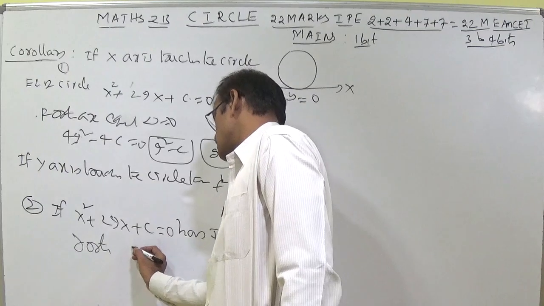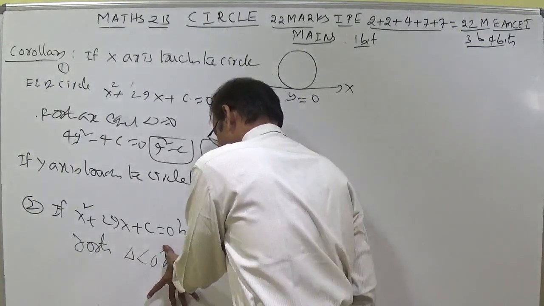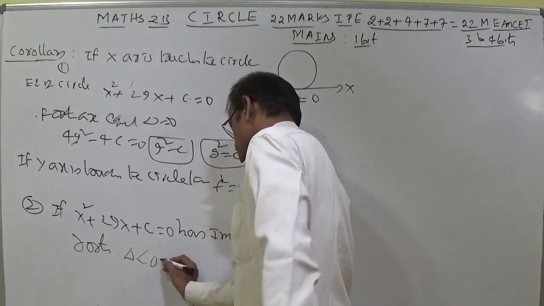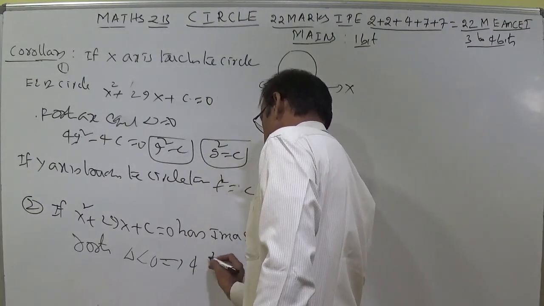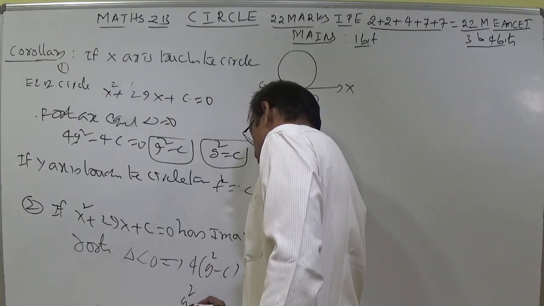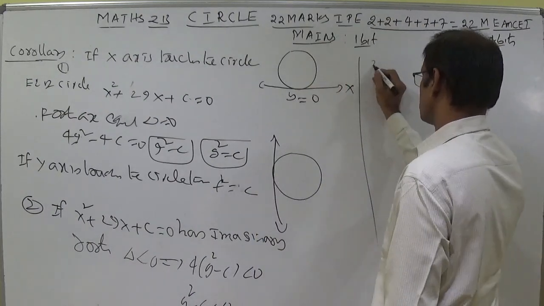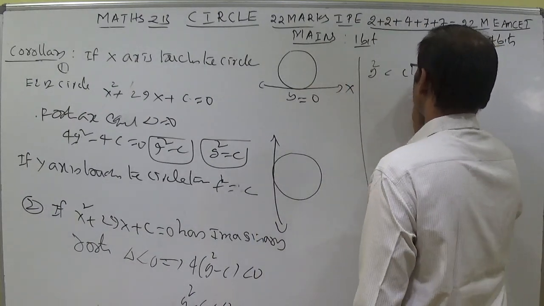Whenever it has imaginary roots, then delta less than 0, that implies you can write 4 into g square minus c less than 0. So g square minus c less than 0, g square less than c.